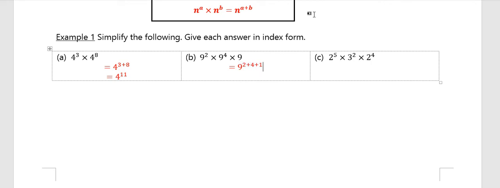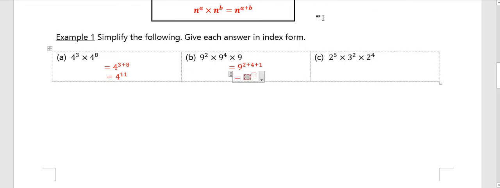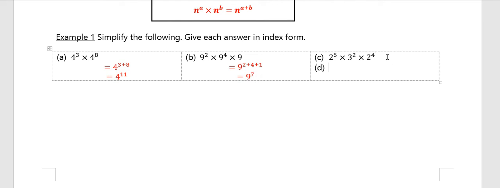Don't forget the 1, right? And as the final answer, 9 power 2 plus 4 plus 1 should be 6 plus 1, which is 7, right? That's it.